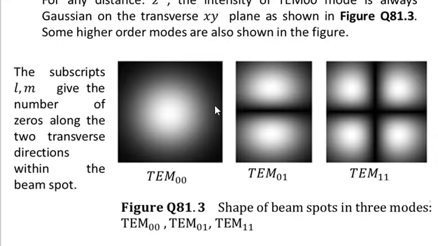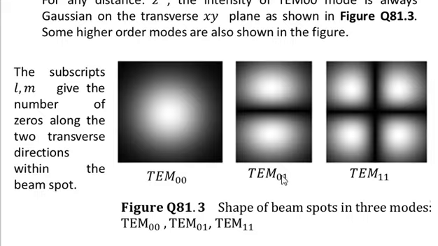So you see that these are the spots which are perpendicular to the z direction. Looking at this figure, the z axis is pointing towards the reader, and the figure is in the xy plane. This is the TEM00, the Gaussian mode, and the next one is the TEM01 mode.